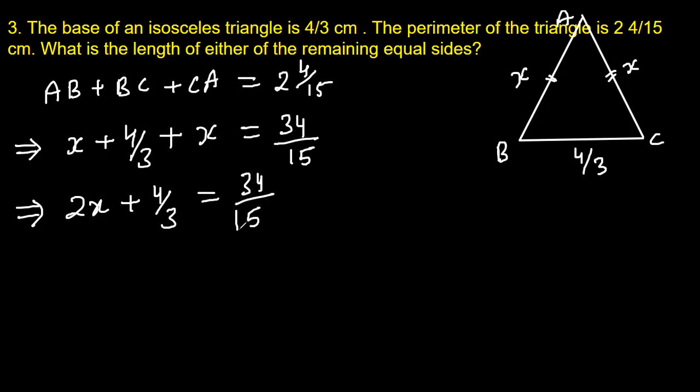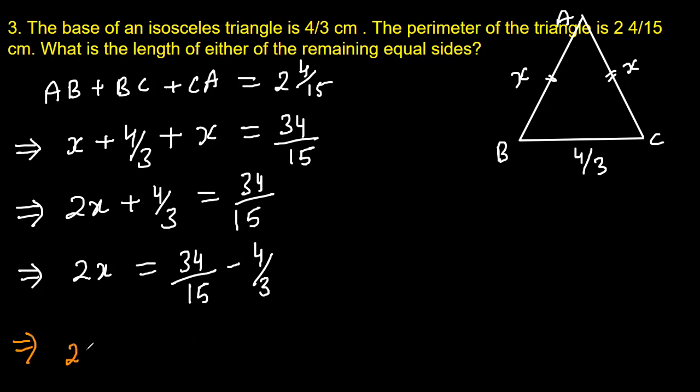Since we want to find the value of x, we would like to keep x on one side of the equality and transpose the number to the other side. So we get 34 by 15 minus 4 by 3. That means we are getting 2x is equal to 34 by 15 minus 4 by 3. 4 by 3 can be written by multiplying by 5 up and down. This is the same as 20 by 15.